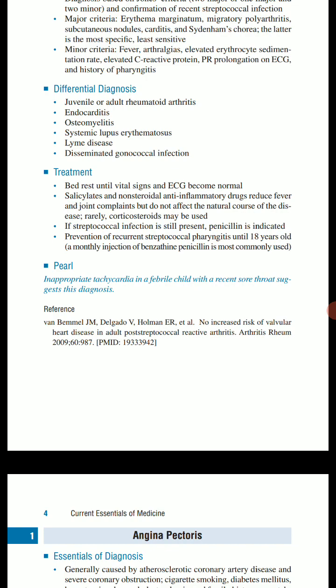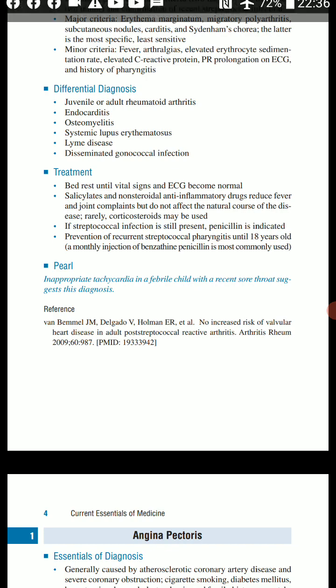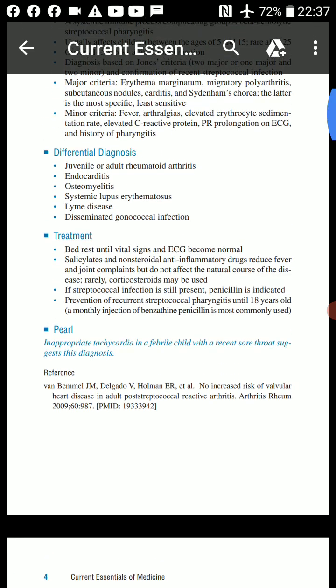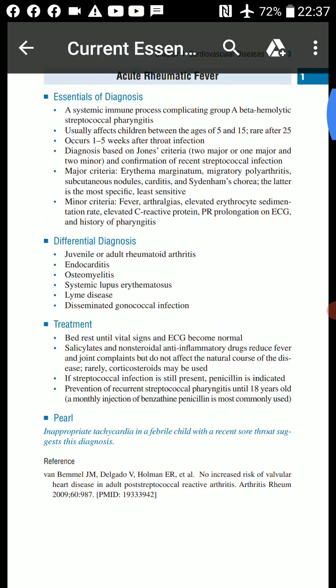Normally we give this together with magnesium trisilicate because it brings about an increase in gastric acidity. So we give it together with magnesium trisilicate, 2 to 4 tabs 8 hourly. Then in case of carditis, we can treat as heart failure. And if chorea is there, we can give sodium valproate, 10 to 20 milligrams per kilogram body weight per day.